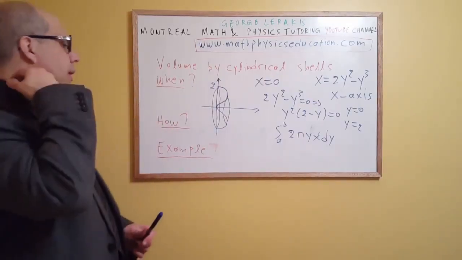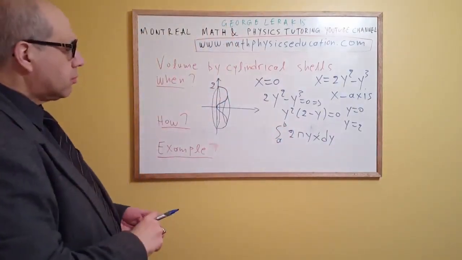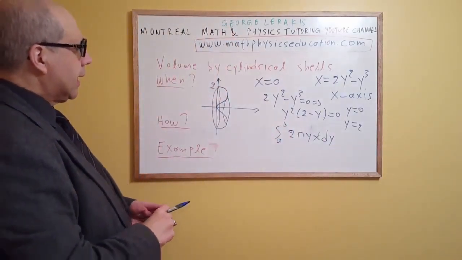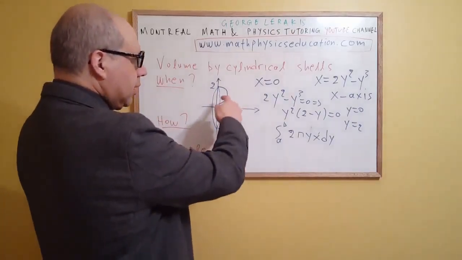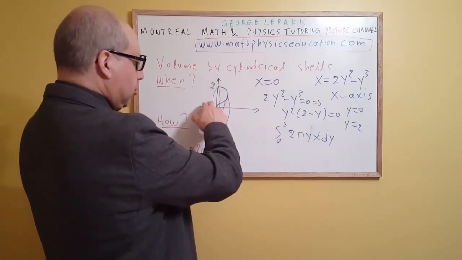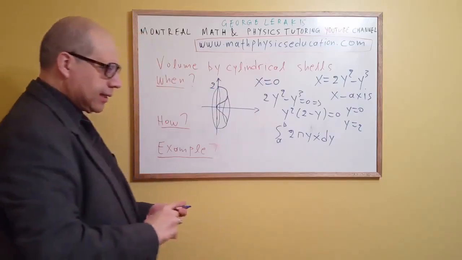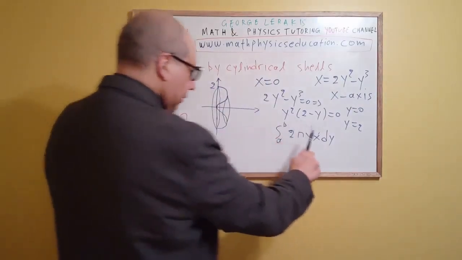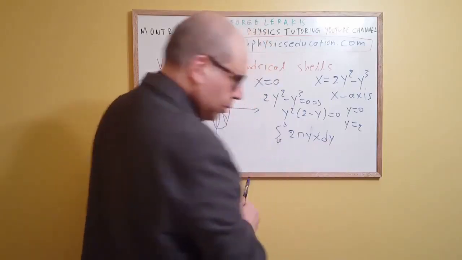So now, this is the formula that we have to use. And as we said before, when you are rotating about the x-axis or an axis which is parallel with the x-axis, you will have this formula, which means that you have to find the integral with respect to y.